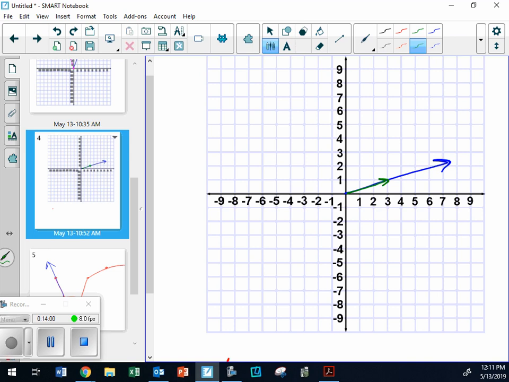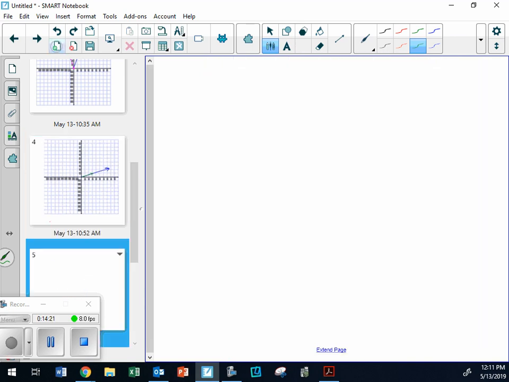So if you got direction and you got magnitude, then you got a what? A vector. Okay, so the first part of the homework is just identifying what's a vector and what's not. If it's not a vector, it's called a scalar. If it just has magnitude, you could weigh it on a scale, right? It's a scalar.